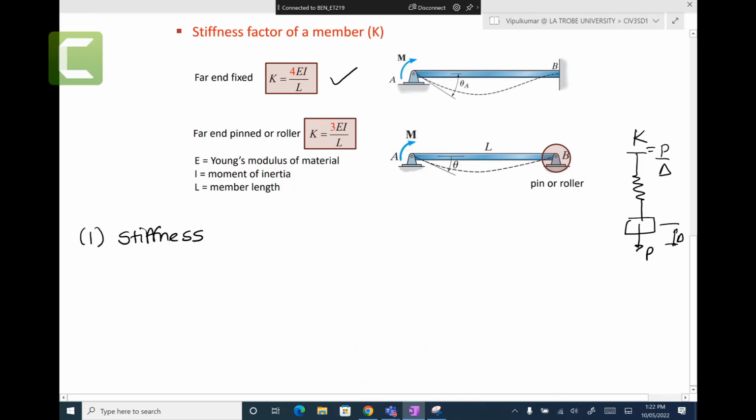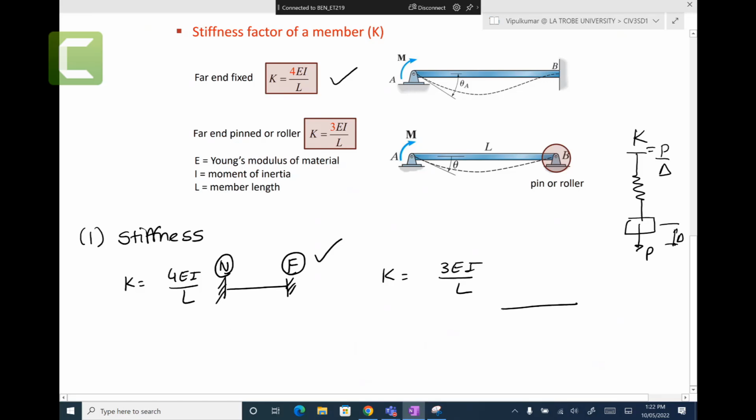One is K equal to 4EI on L, and another is K equal to 3EI on L. When the far end is fixed, we use the first equation. When your far end is roller or pin, then you use the second equation. This is the far end and this is the near end, right?